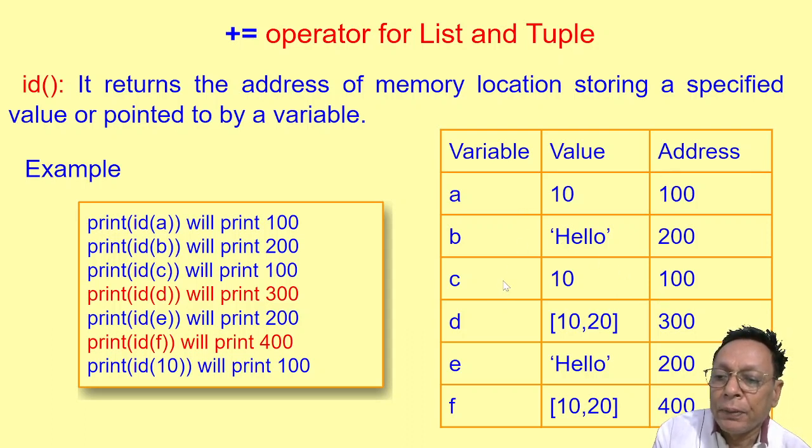Now next is D. This is a list. 10 and 20 are the values in that list and its ID is 300.